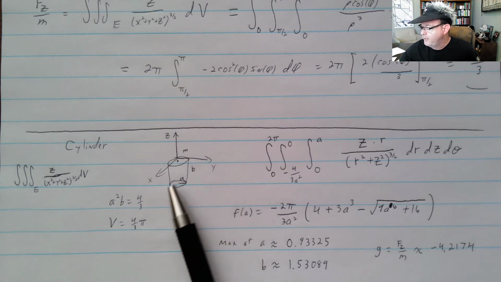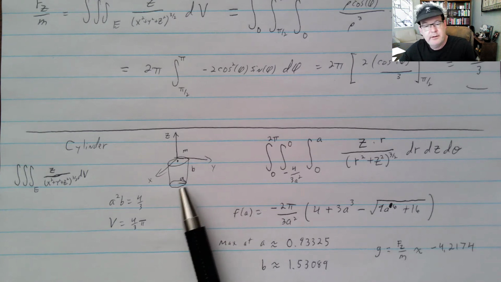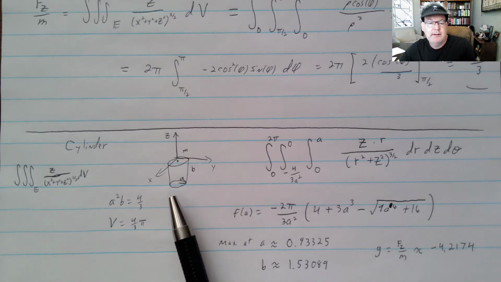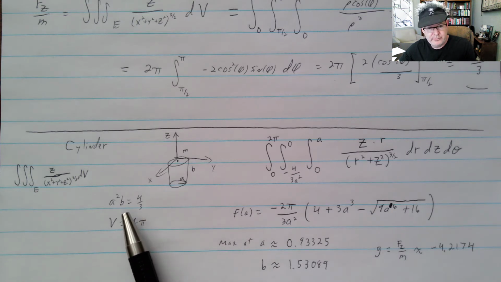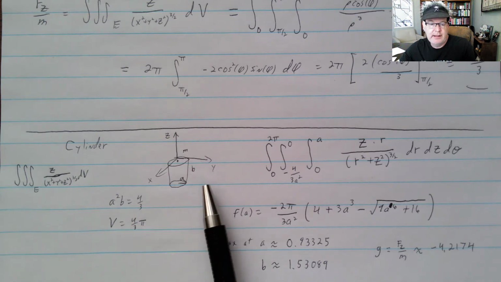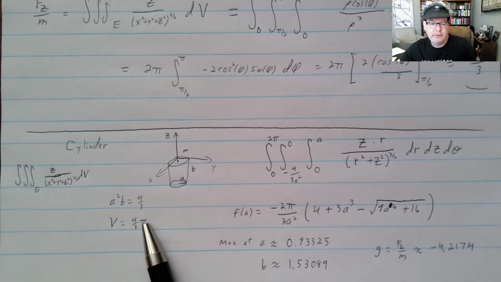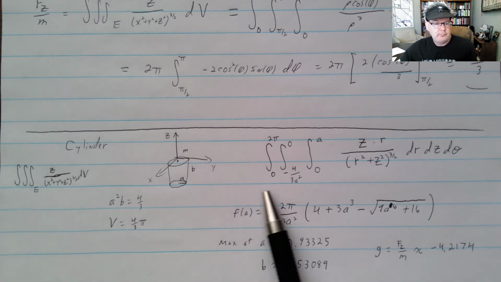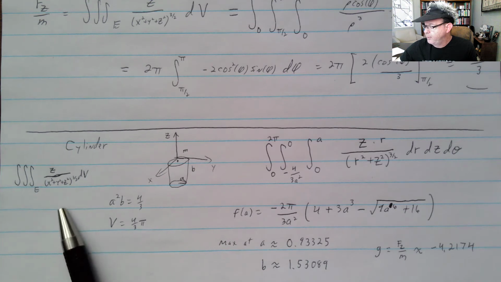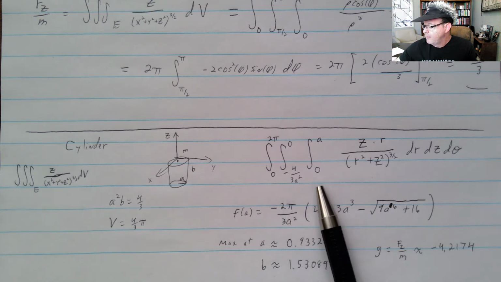For a cylinder, again, if I want the volume to be 4/3 pi, the volume of a cylinder is pi r squared times the height. So if I call the radius a, I need a squared times b to be 4/3 to get 4/3 pi for the volume. Then this triple integral will be, for r, 0 to a.